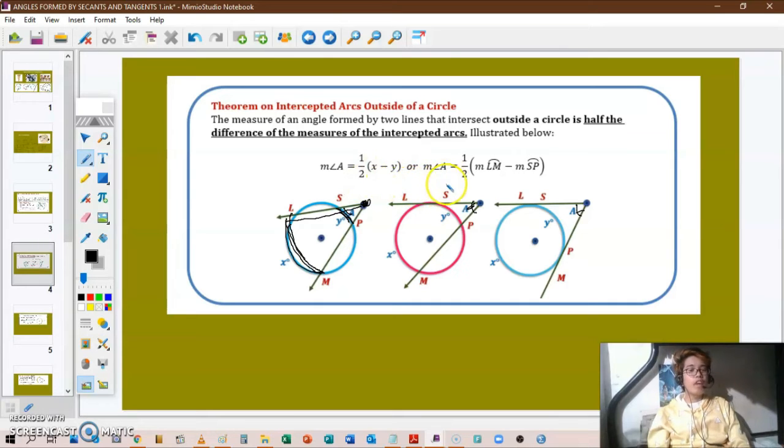Or let's say this is arc LM and it's bigger than SP. So this can be our formula for this one: 1/2 times the quantity, the measurement of arc LM minus the measurement of arc SP.